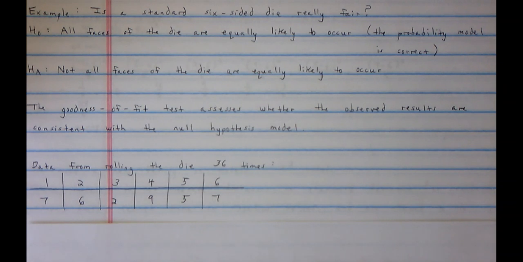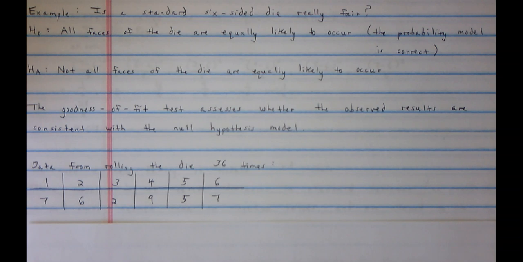Suppose I roll a standard six-sided die a number of times, and based on the results, I'm skeptical that the die is fair. We could set up a hypothesis test to see if we have evidence that the die is really not fair. The null hypothesis is that all faces of the die are equally likely to occur.